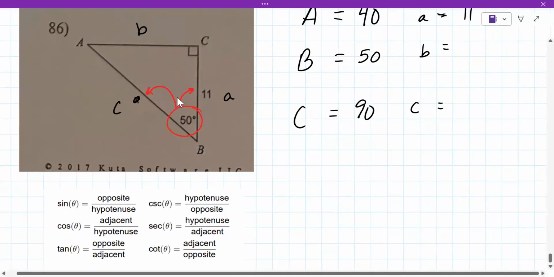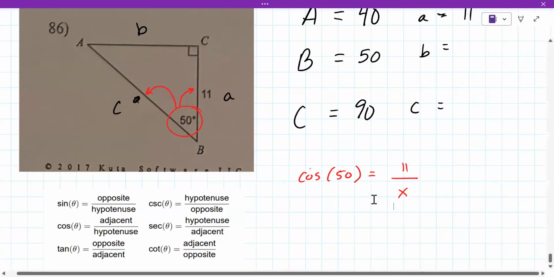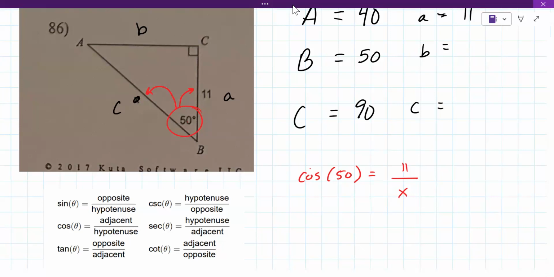If we want to find C and we have the adjacent, which is A, then it would be cosine. Yes. You could write the cosine of 50 equals 11 over C, and C is really X. Just like before, because X is on the bottom, you can diagonally multiply.